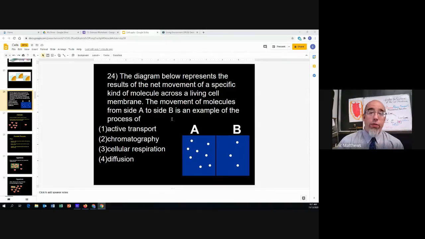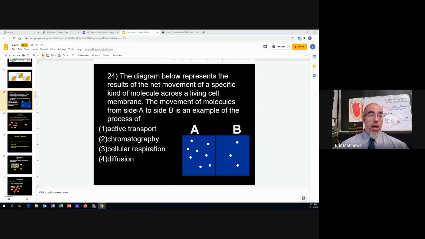This comes directly from one of our Regents exams, which is the big test you have to take at the end of the year. The question reads, the diagram below represents the results of the net movement of a specific kind of molecule across a living cell membrane. The movement of molecules from side A to side B is an example of.